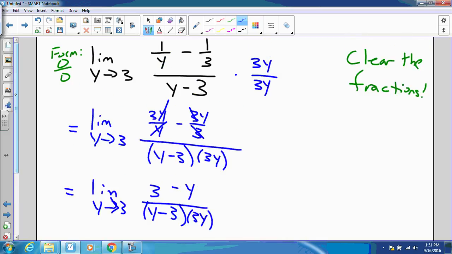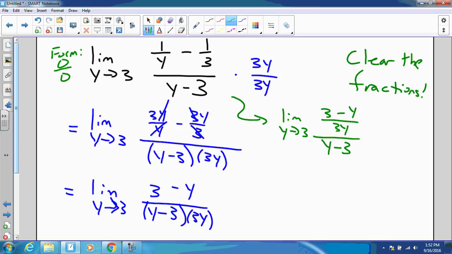If I did common denominator, which I can do, then what I end up with is the limit as y goes to 3 of 3 minus y over 3y all over y minus 3. Then you just cancel it out.